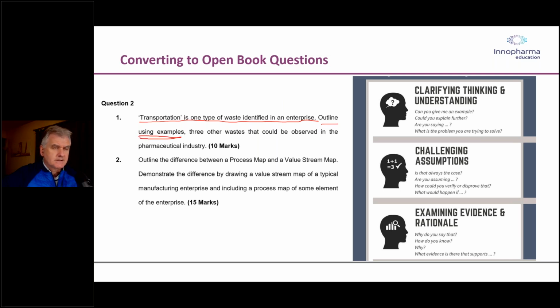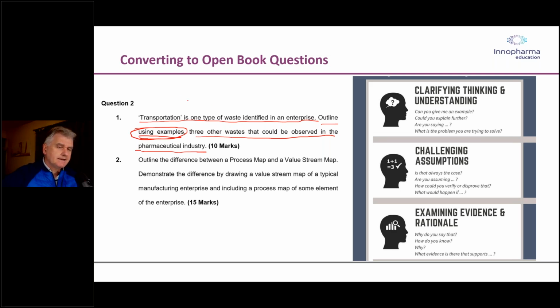So it's already designed to be kind of an open book. 3 other wastes that could be observed in the pharmaceutical industry. Okay, so it is very much around using an example. Now, if I said name 3 other wastes that could be observed in the pharmaceutical industry, you could go straight away and you could Google that, and you could come back with inventory and movement and motion and all the other ones. So that would be too easy.